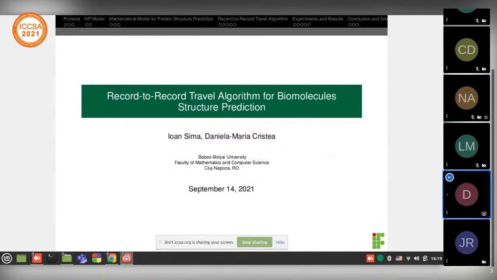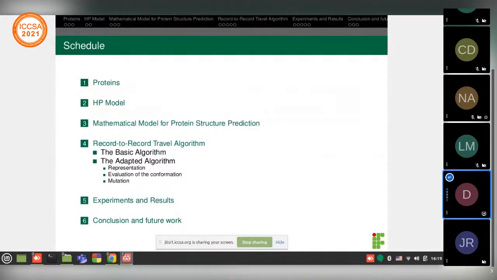Maybe most of you heard about it. I will try to be short, but the presentation is a little long, but I will do my best. The presentation is about protein structure prediction on the hydrophobic polar model with a record-to-record travel algorithm.